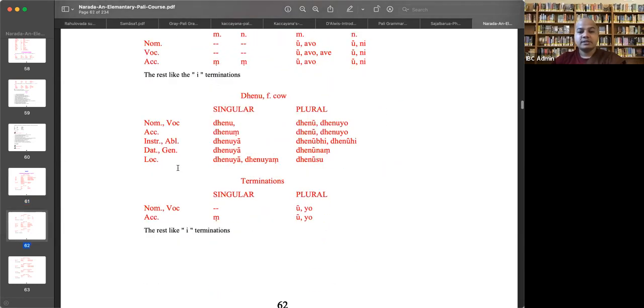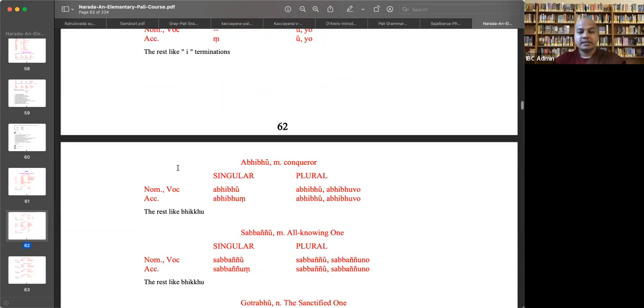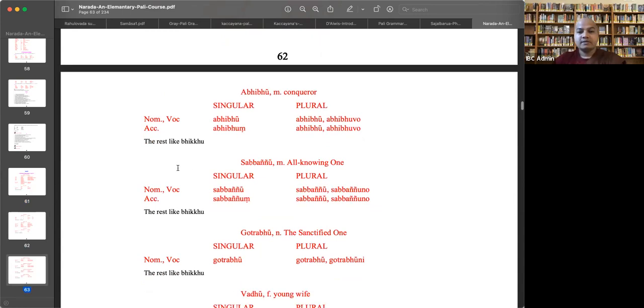Okay, and then on the following page, you have a declension of a feminine gender noun ending in short u, dhenu. Dhenu means cow. Also in the following pages, you have declensions of different nouns ending in long u.